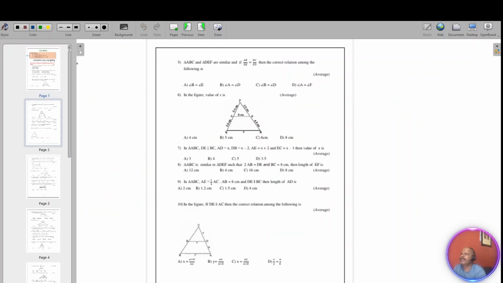Fifth one. In triangle ABC, this is a very important question. They have given AB by DE equal to BC by FD. Remember, which among the given options is correct they want.